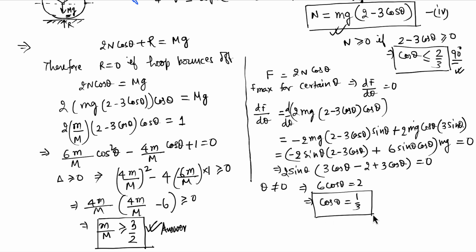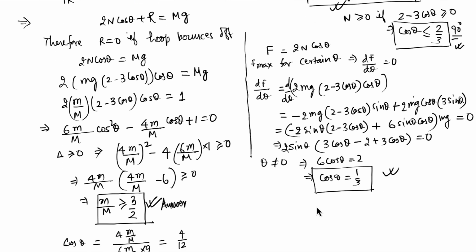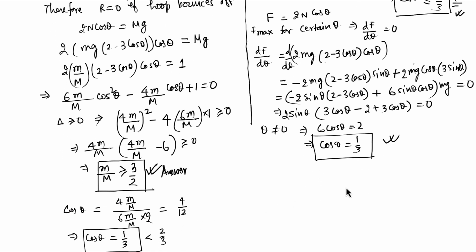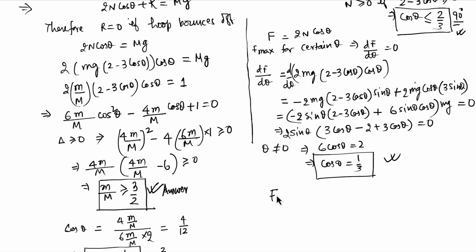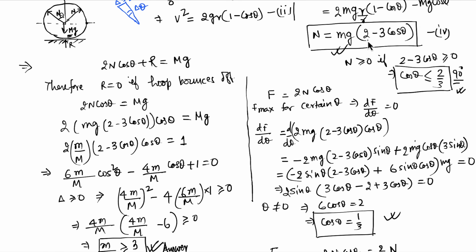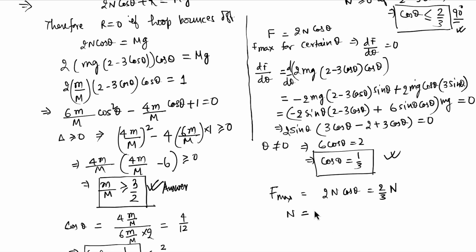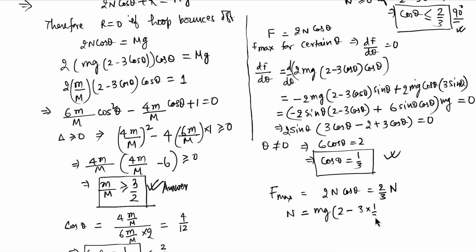So using this method, we get the theta first. Same, cos theta is 1 by 3. And therefore, F max is 2N cos theta, right? So this is 2 by 3 N. And what is N? N is nothing but mg (2 minus 3 cos theta) with cos theta 1 by 3.